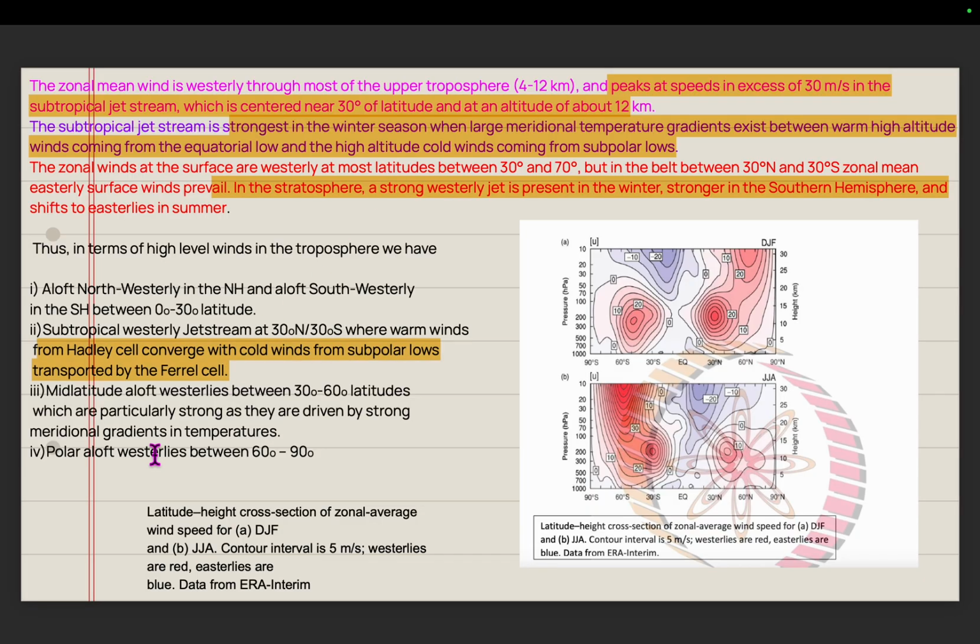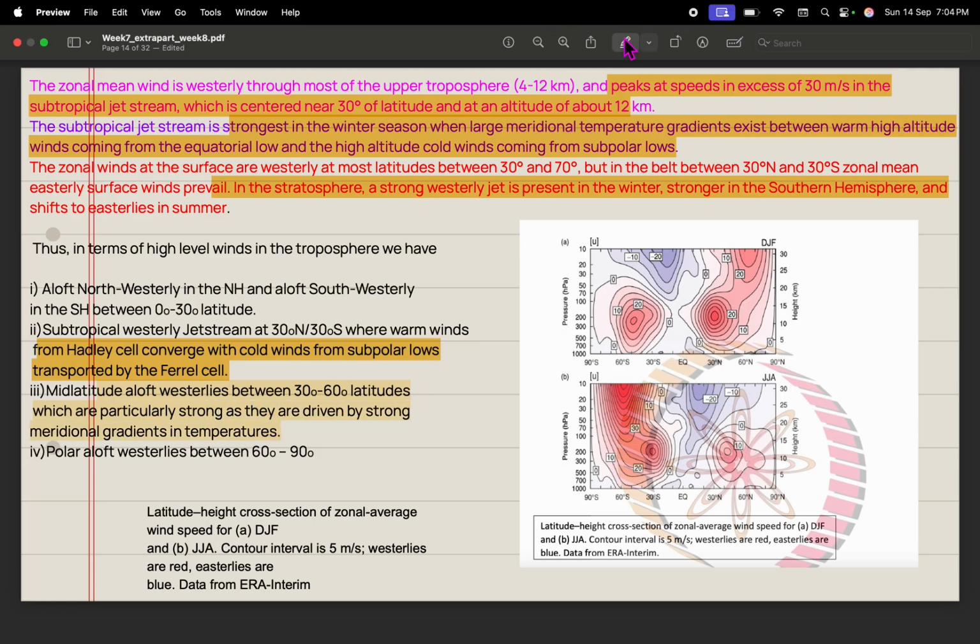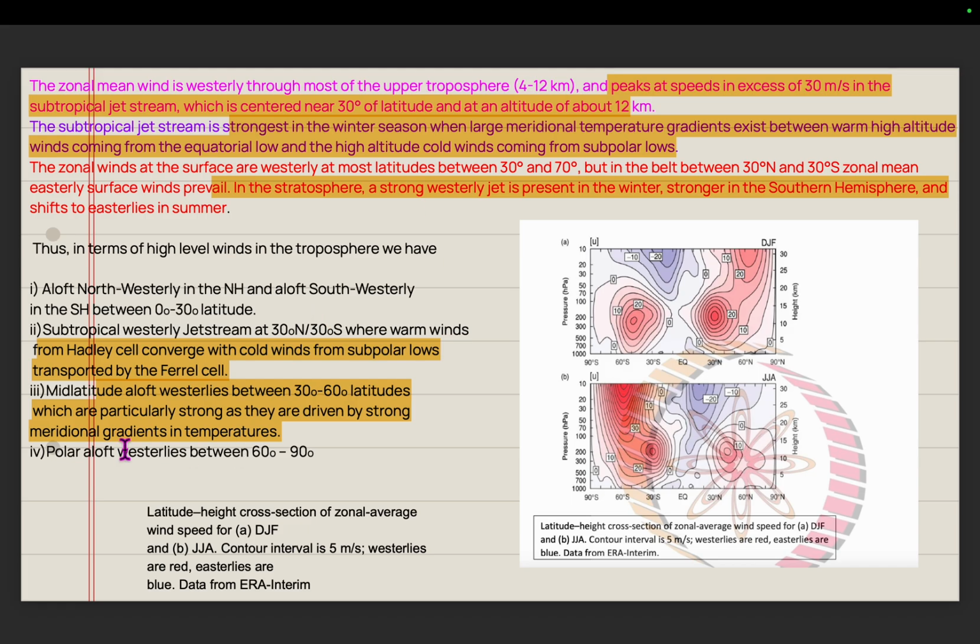Then the mid-latitude aloft westerlies between 30 and 60 degrees latitude are particularly strong as they are driven by the strong meridional temperature gradient. And lastly, the polar aloft winds, from west to east, are known as the polar aloft westerlies.